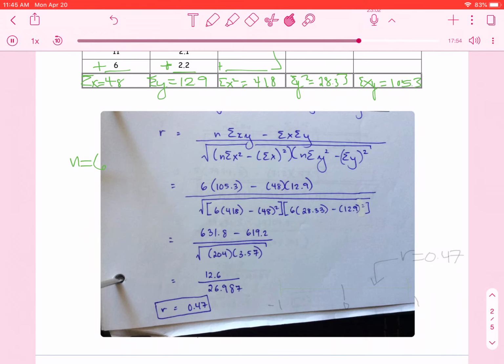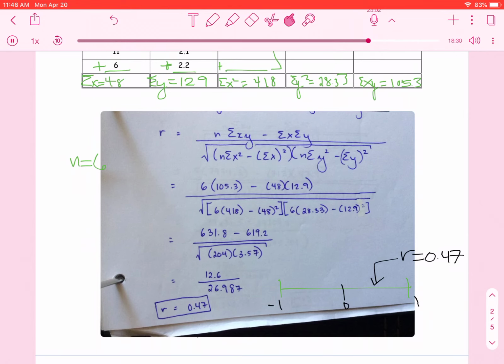Okay, so you work out your numerator, you work out your denominator. Don't forget to square root everything in your denominator only, and you should finish with a correlation coefficient of 0.47. So that coefficient means that if we consider our scale of -1 to 0 to 1, we get r equal to 0.47.